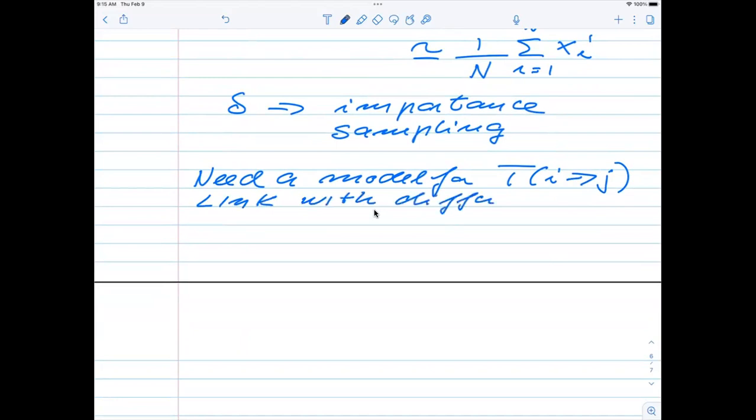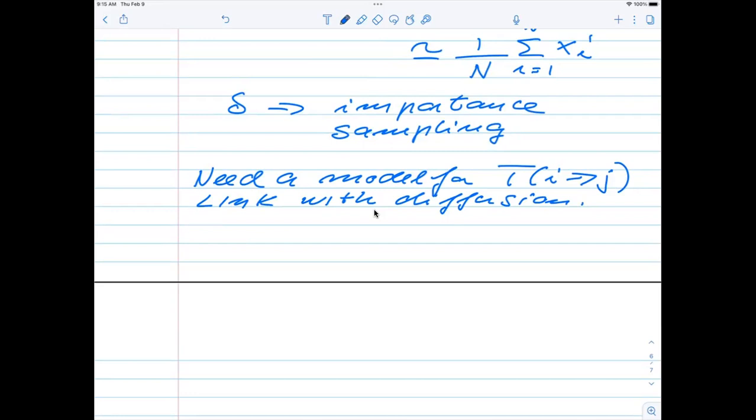Now, I know that most of you have not taken a course in transport theory. You may not have taken an advanced course in statistical mechanics. So if you look at diffusion theory, the process of diffusion is intimately linked with Markov chains. You can actually derive the diffusion equation from a Markov chain.